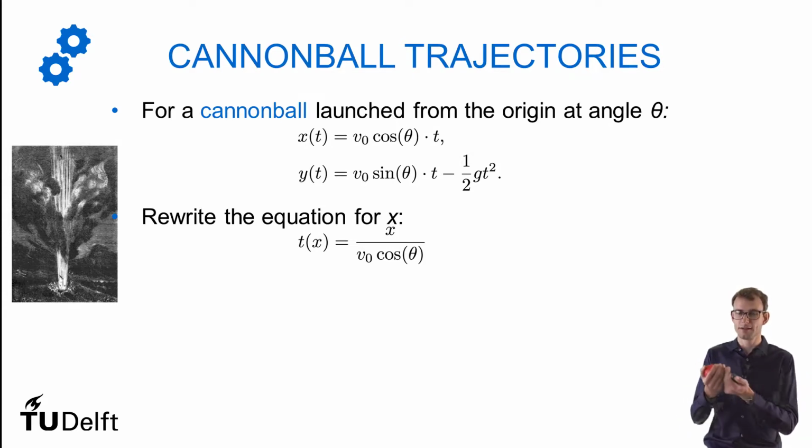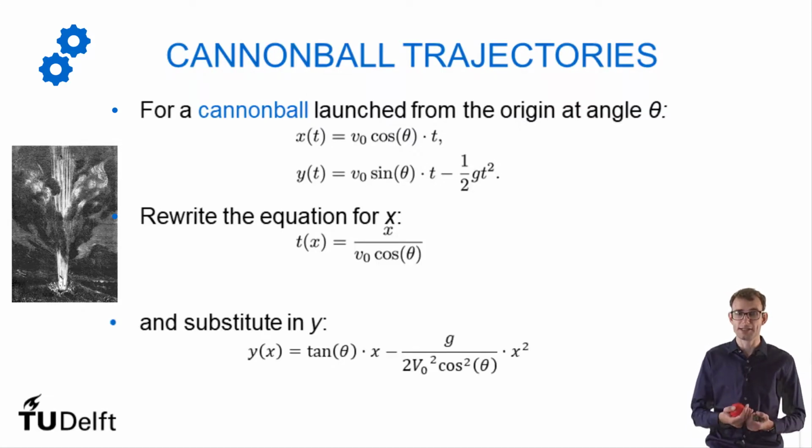And it gives me the y position as a function of the x position. The first term becomes very easy. It's simply the tangent of the angle times the x position. The second term is going to be some constant times the x position squared. So the trajectory of a cannonball or this ball or anything that you throw under some angle is going to be a parabola.